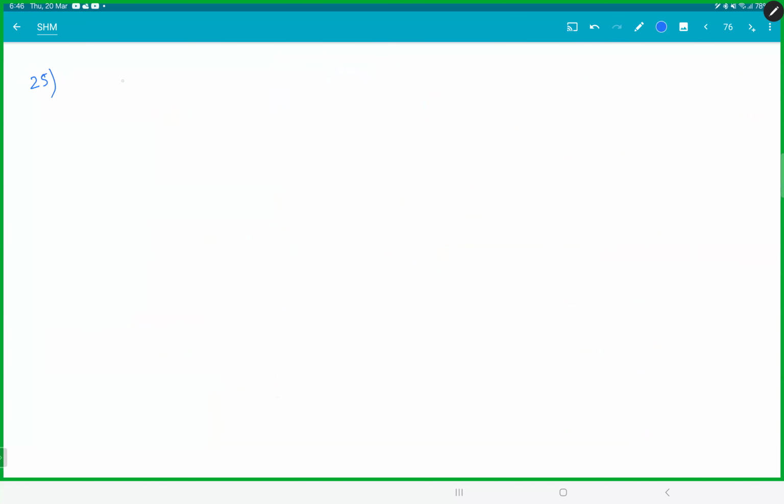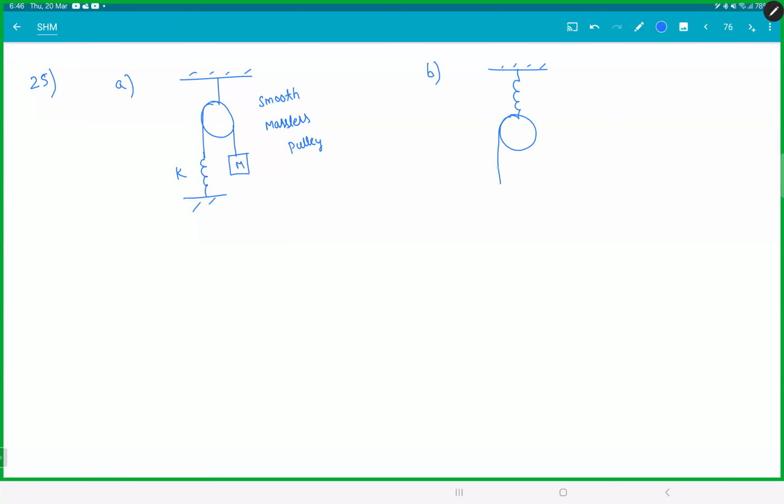Let's see one more. This is a smooth massless pulley. Find the time period in both the cases.